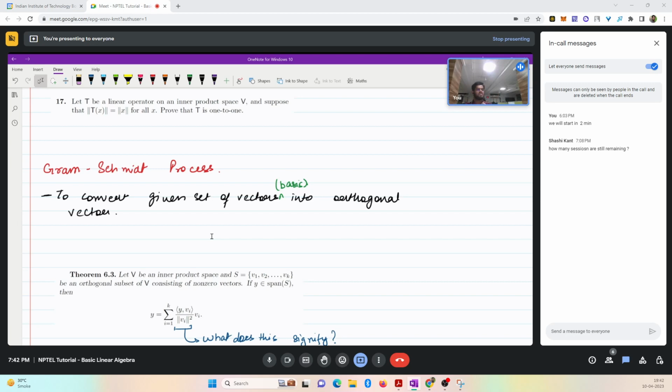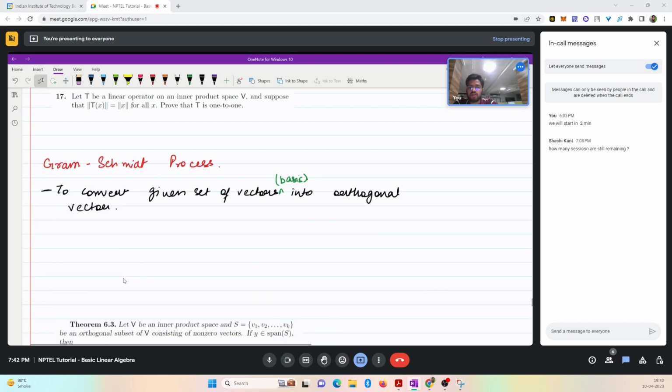Or if you want to look at the projections of some vector on basis vectors, because these basis vectors are orthogonal, the projections can sum to form the same vector again. So there are many geometric and other benefits of finding an orthogonal basis.